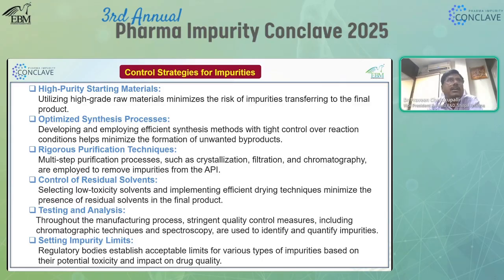Sometimes the innovator will have done toxicology studies for that impurity and will have higher limits. So by comparing your impurity profile with the RLD, you can have the flexibility to have a relaxed level for any impurity in the drug substances or drug product.